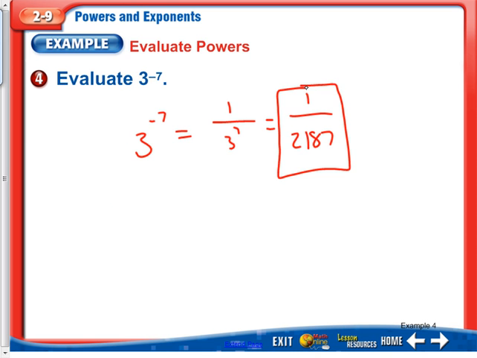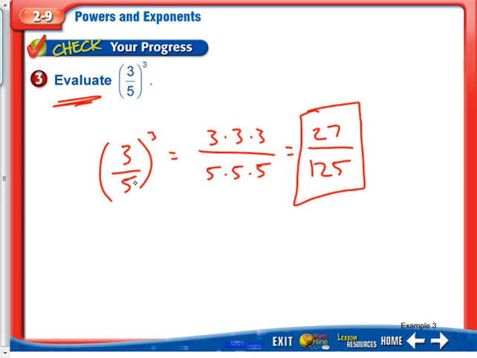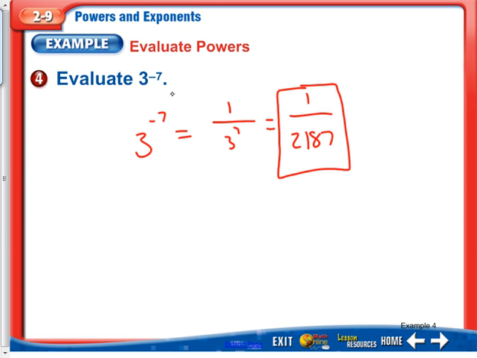So when they're a little bit smaller, like to the 3rd power, it's nice to see you write it out so that way you're practicing knowing what that actually looks like. If we get up there into like the 5, 6, 7s or higher, it's okay to just use your calculator to figure that one out.